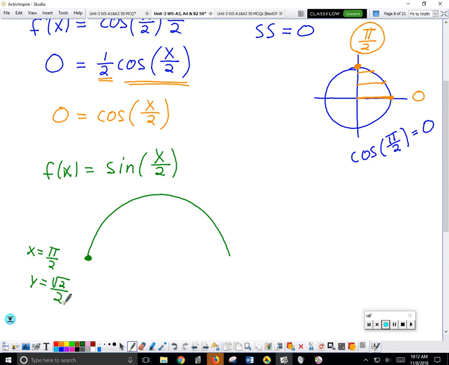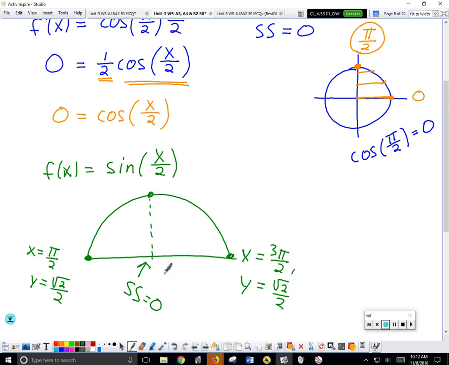On this end, it's an x-coordinate of 3 pi over 2 and a y-coordinate of root 2 over 2. Right? So the secant slope is definitely 0. And we figured out that when x, right here in the middle, is equal to pi, the tangent slope is exactly 0. That makes sense.